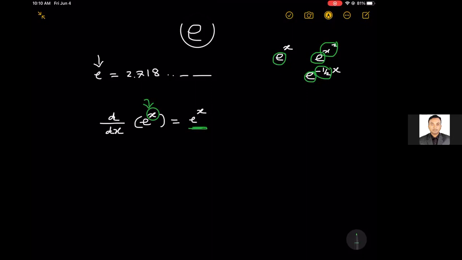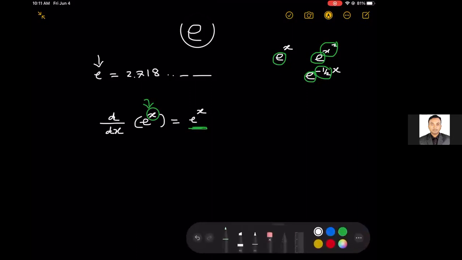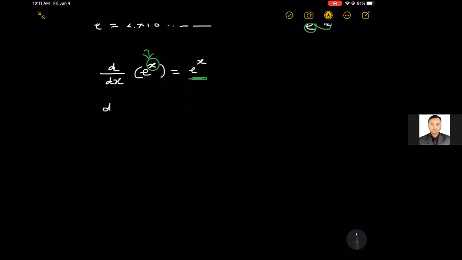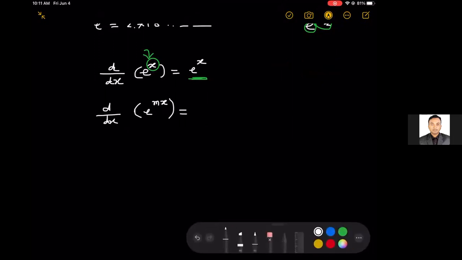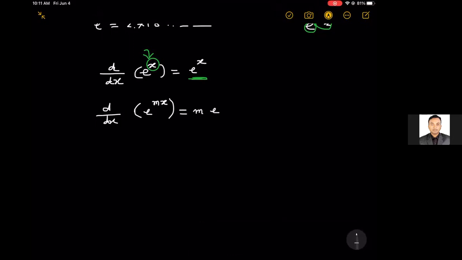And I want to show that here. Maybe they have it in a later slide, but I want to show it now so that it makes more sense. So if you have anything assigned to it, let's say e to the mx, then the derivative is m times e to the mx.